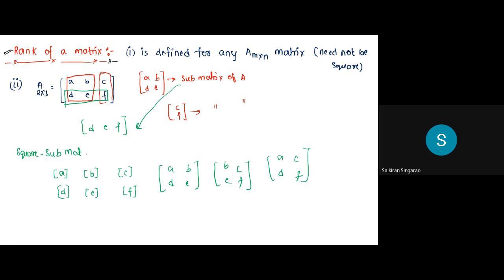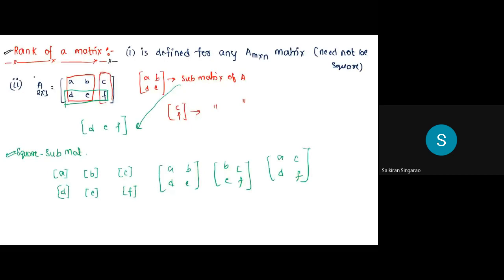Is any other square submatrix possible? No, sir. All 1 cross 1s have been taken, and all 2 cross 2s also have been taken. No other thing is possible.